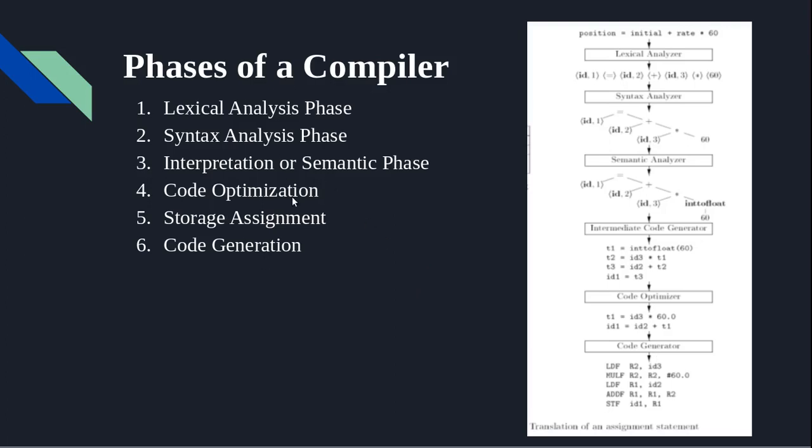In this system programming subject, we are going to see the main phases of the compiler as lexical analysis phase, syntax analysis phase, interpretation or semantic phase, then code optimization, storage assignment, and code generation. Intermediate code generation is also there, but here mainly we are concentrating on these 6 phases.